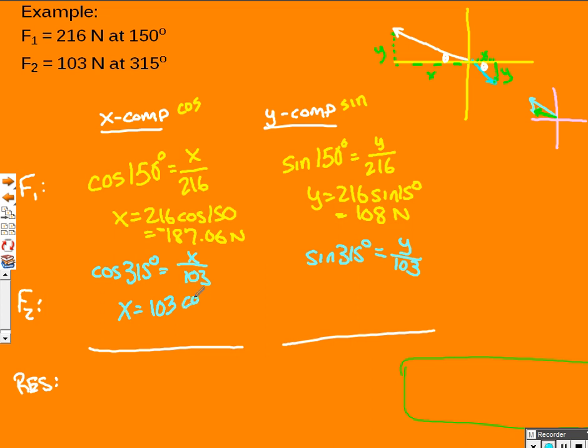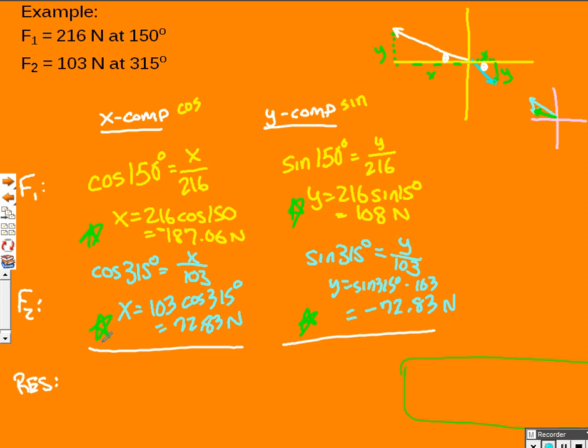So 103 cosine of 315, that's quadrant 4, so the x value should be a positive number when you type that in, and it is 72.83 newtons. And the y value here, y is sine of 315 times 103, and that should give you a negative value when you plug it in, and it does, negative 72.83 newtons.